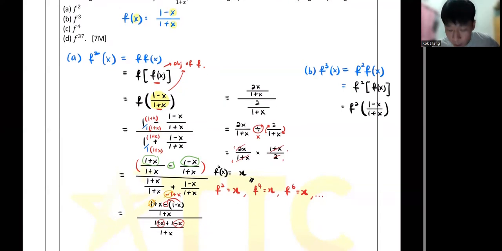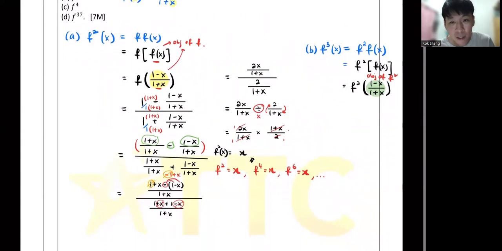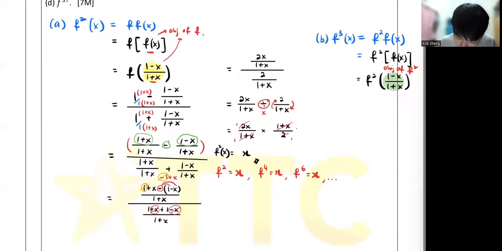Okay, so you can see that. Now this bracket will be the object of f squared. Where's the f squared? The answer for A. So it's something here.